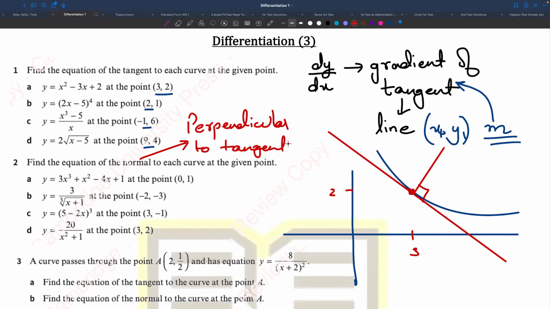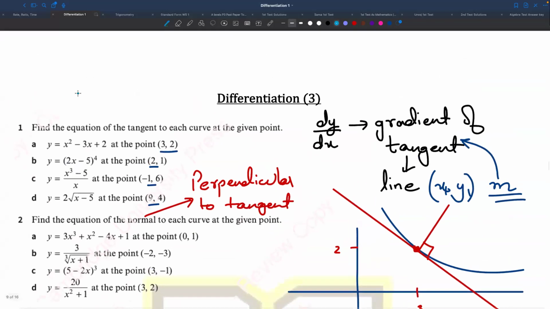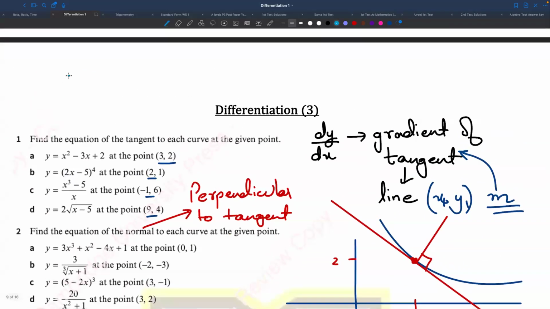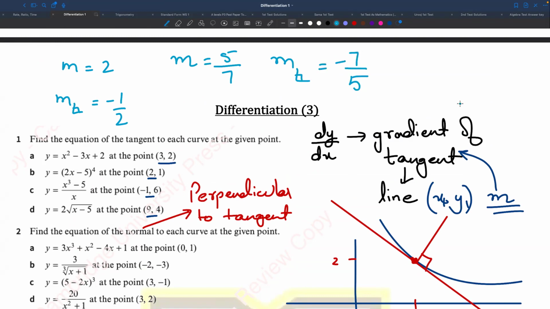If two lines are perpendicular, we have learned this in our GCSEs and O levels, that if the gradient of one line is 2, the perpendicular line will have a gradient of the negative reciprocal. Exactly, that is the word. If one line has a gradient of 5/7, the perpendicular line will have a gradient of minus 7/5.